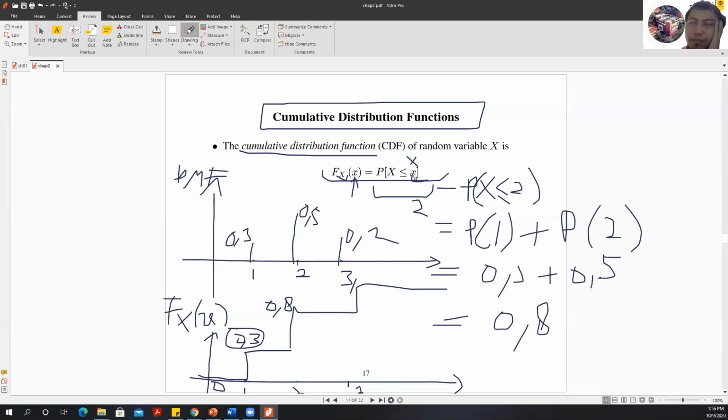Below x, yeah, below or less than or equal.